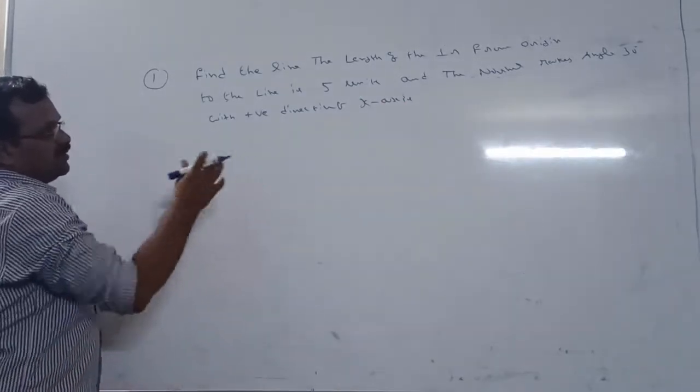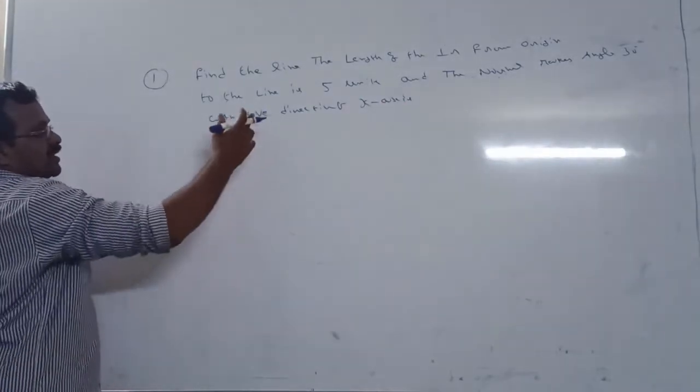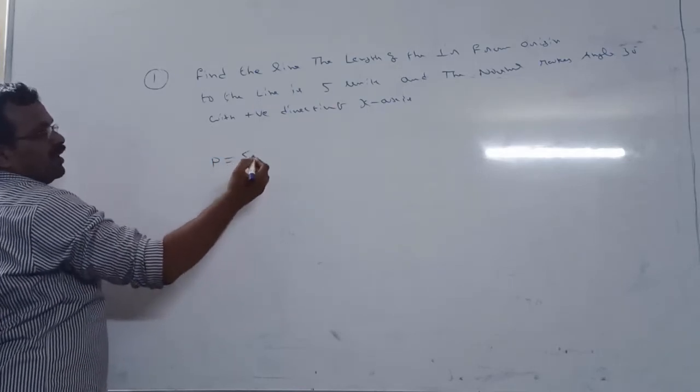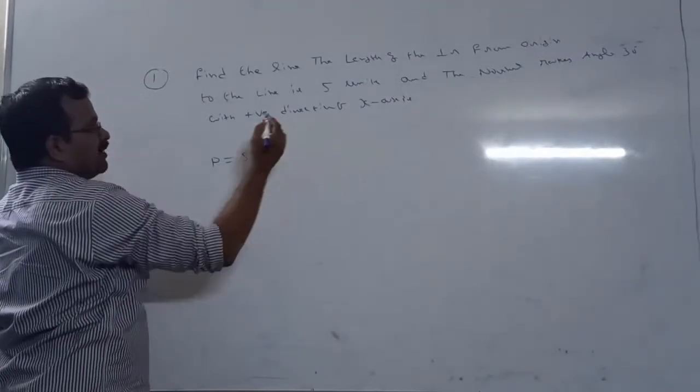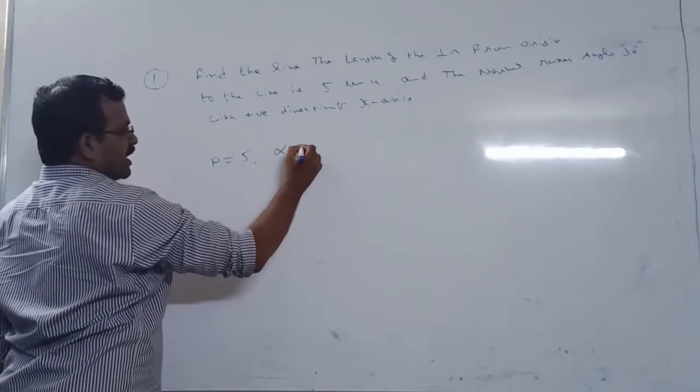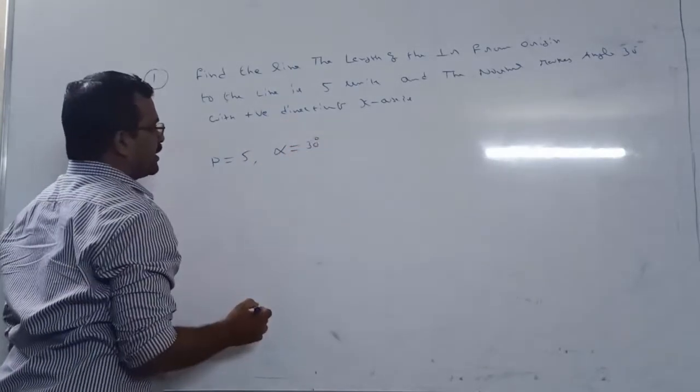According to our concept, the length of the perpendicular means p value 5, and the normal makes an angle alpha equal to 30 degrees.